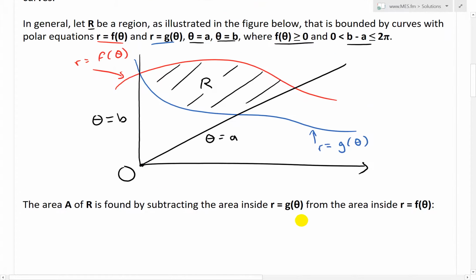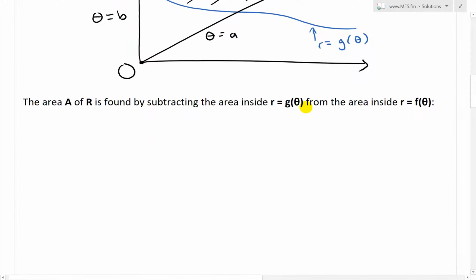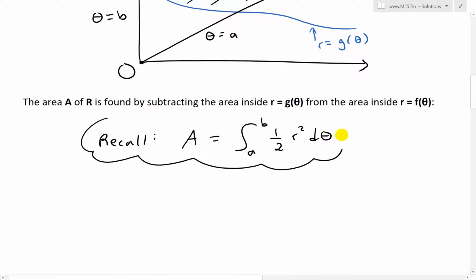So we'll just have to subtract the two areas, and again, first of all, recall that the area formula for a region within a polar curve is A equals the integral from a to b of 1/2 r squared d theta. I'll put this in a little cloud, like a bubble, just for a refresher.